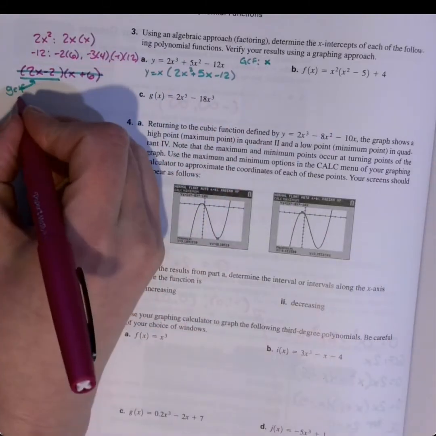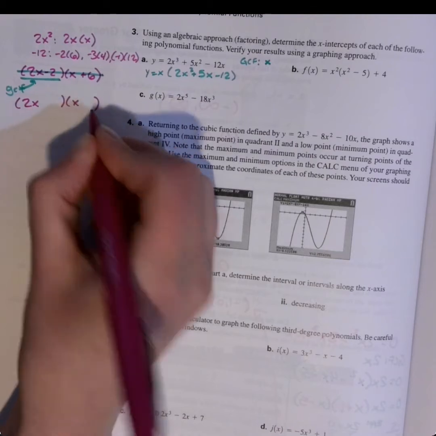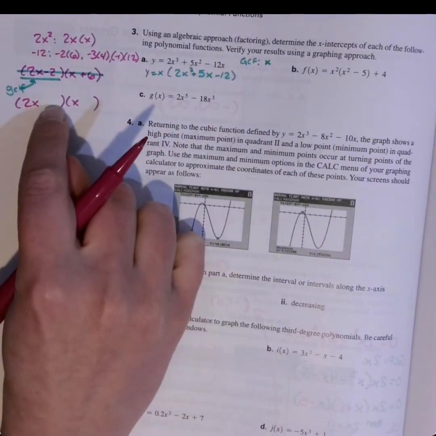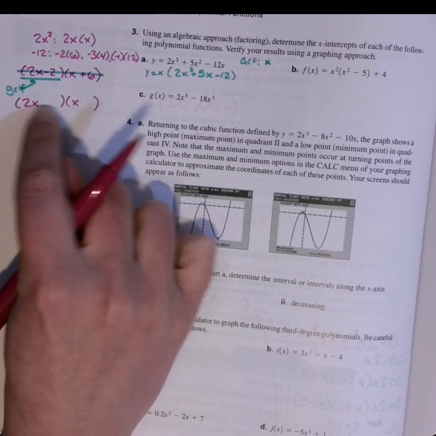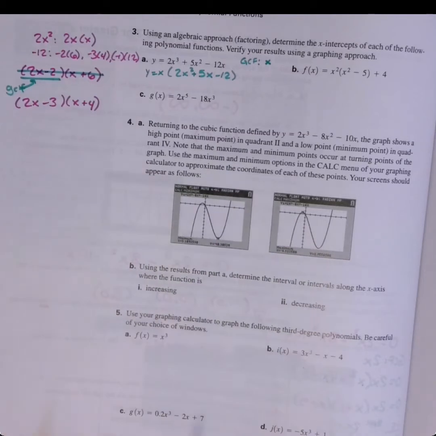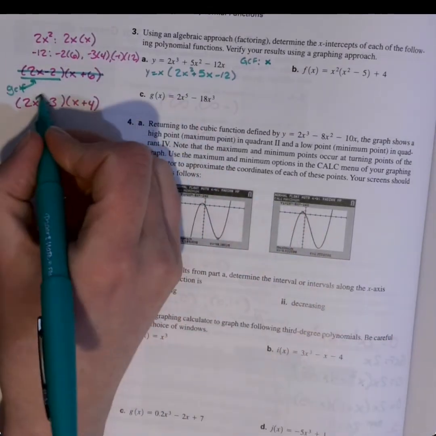So we're going to switch it around, and we're going to do a different pairing. So I'm going to do the negative 3 and the 4. I know the 4 cannot go in the same parentheses as the 2 because that would give them a 2 in common. But I could try the negative 3 with the 2 and the 4 with the x. Now let's see if we got there. So we're going to look at our mixed terms.